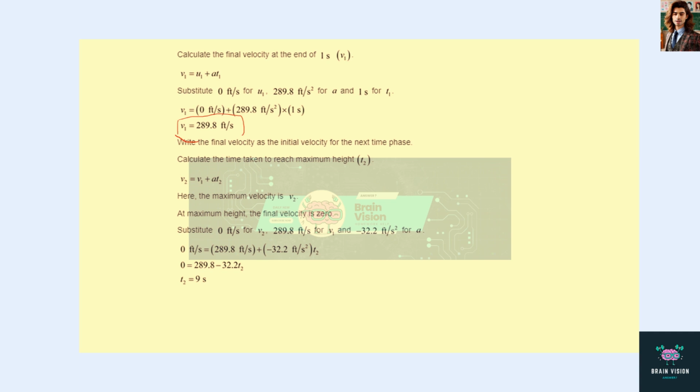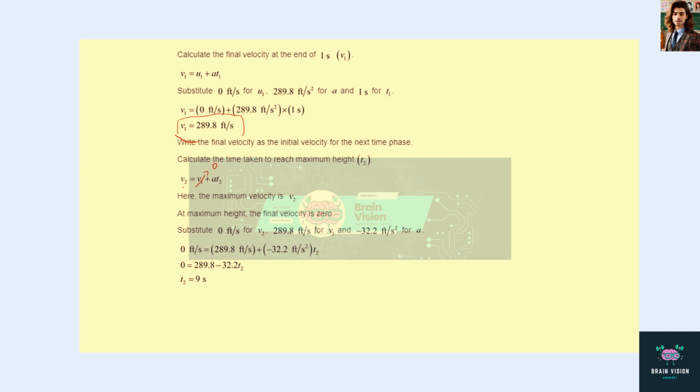now we can calculate the time taken to reach the maximum height. So we're looking for T2, right? Of course initial is 0 always, so V2 is going to be equal to aT2, so T2 is going to be V2 over a.